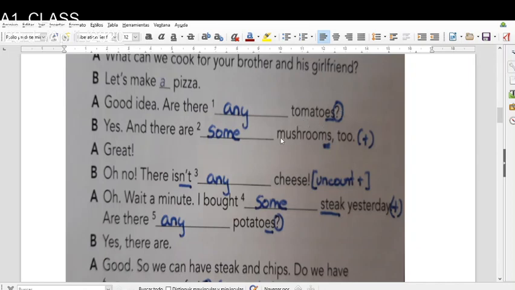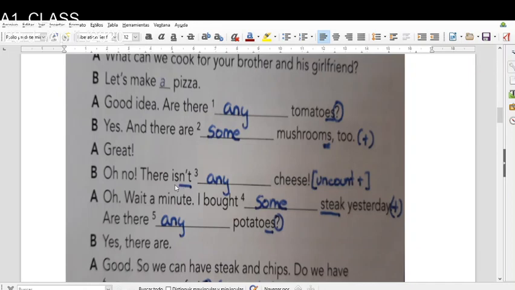Plural, interrogativa, any. Yes, and then there are, it's affirmative and plural, plural y afirmativa que me sale, some. And there are some mushrooms too. Great. Oh no, there isn't.